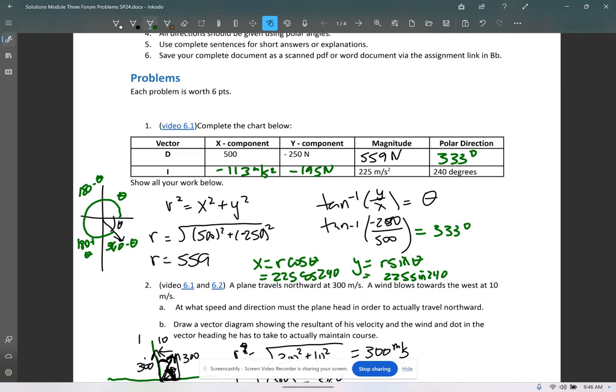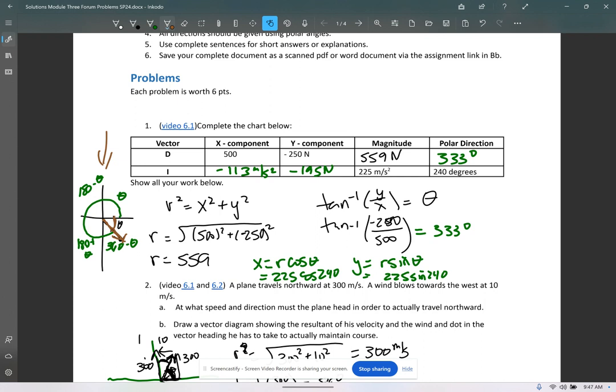Now, I drew a picture of that angle here. Our vector has a positive x and a negative y. So our vector is right here. And the angle that we're finding when we find tan is that little angle south of the east axis. I want it as a polar heading.